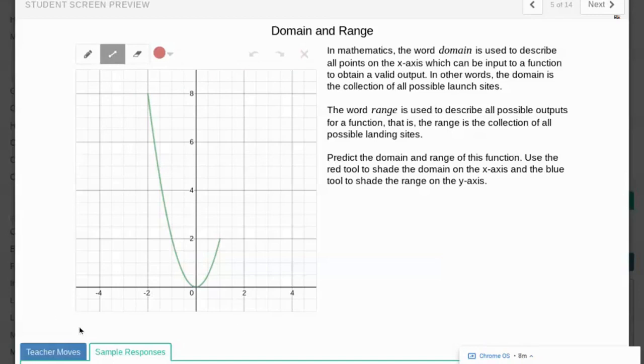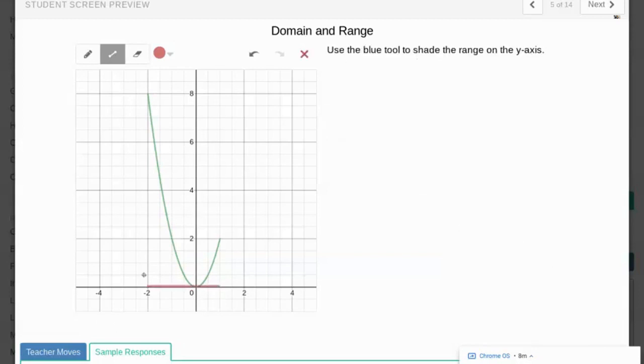So remember, domain is all of the possible x values. And when I'm looking for these, I'm looking for the end or the outer points, as far as it can go. So this function, when it goes as far as it can to the left, on the x, we are at -2. And if I keep going over here, the farthest I can go on the x is at 1. So this is going to be my domain.